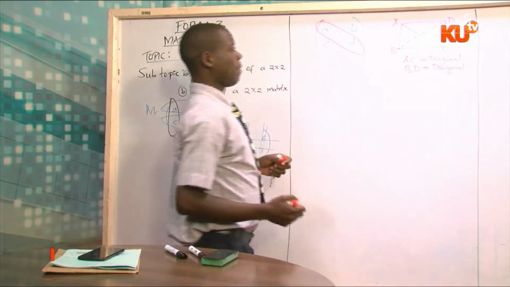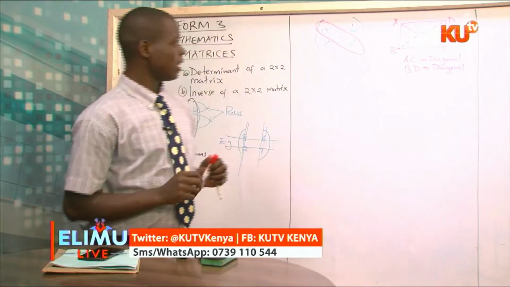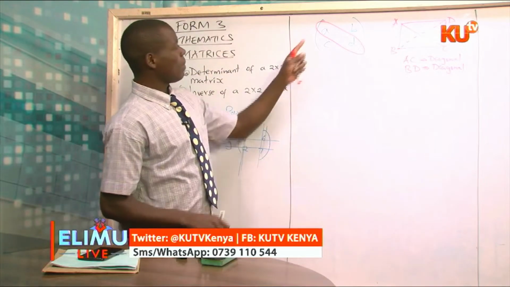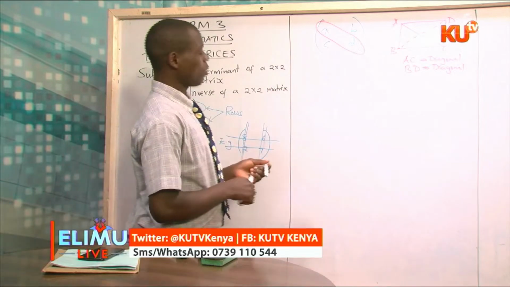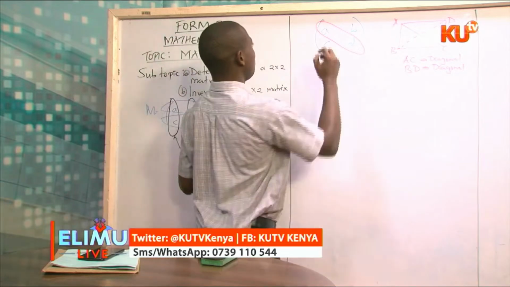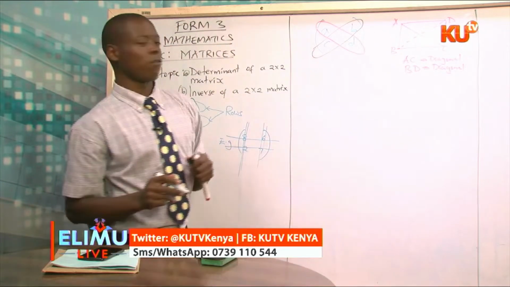That is in a quadrilateral. But in our case in matrices, the elements A and D are in the diagonal form. Equally, elements B and C are also in the diagonal form.